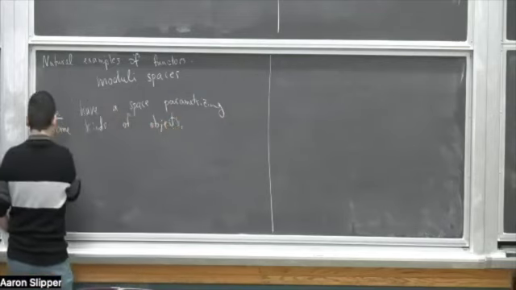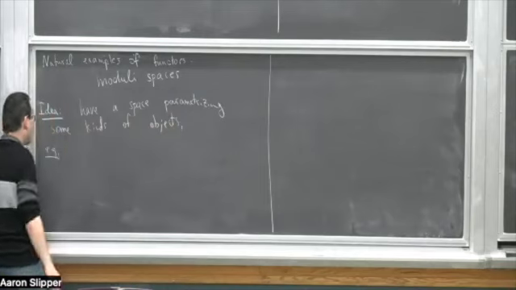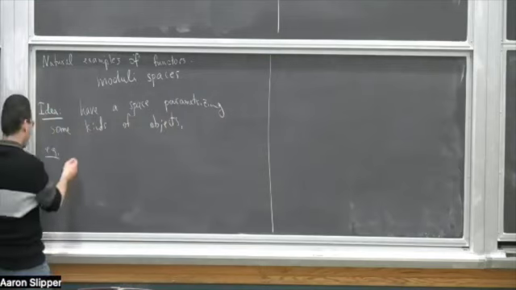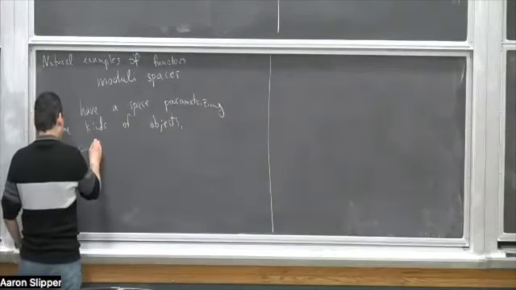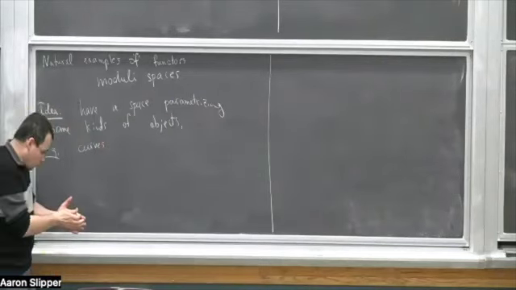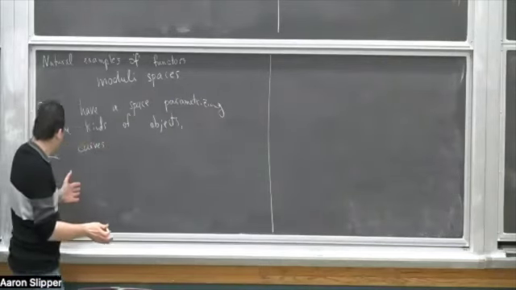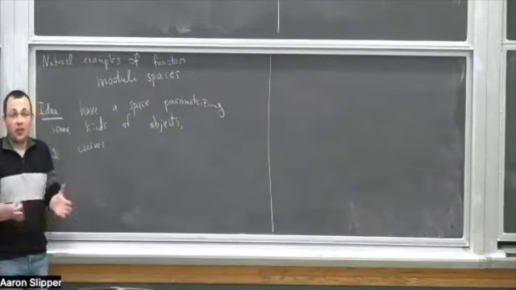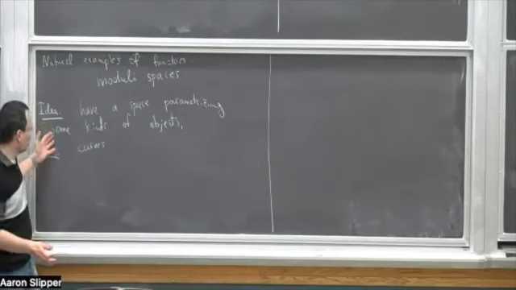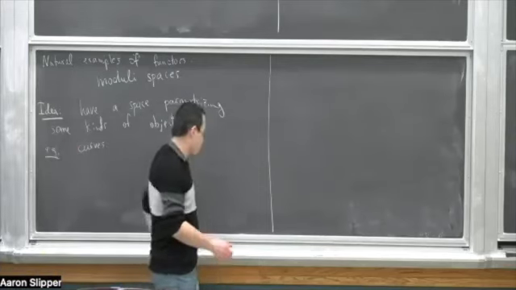So for instance, probably the first moduli space you ever encounter is the moduli space of curves. Usually, if you're in topology, I want to step back and ask, how do you describe a space?